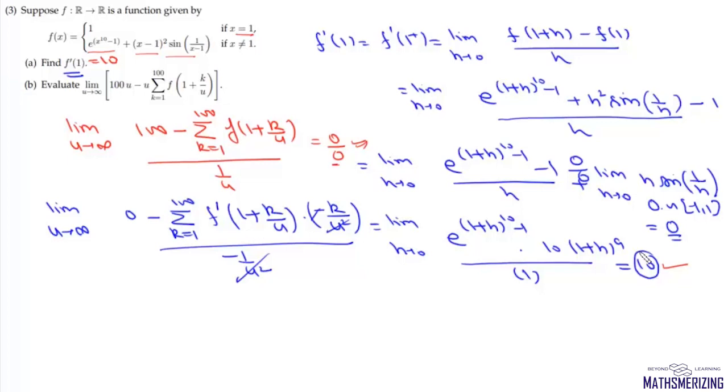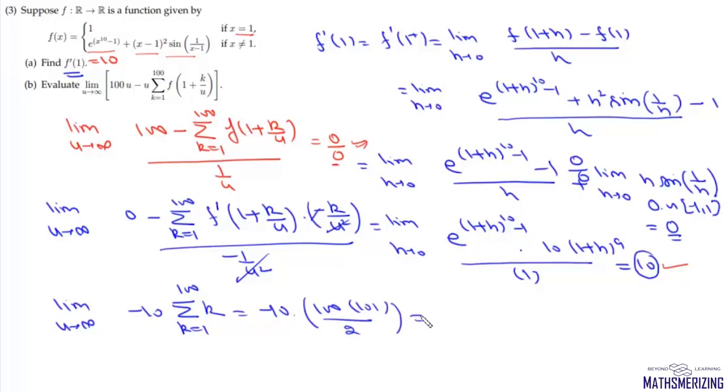The value of f dash 1 is 10. So we'll get this limit as minus 10 times the summation k varies from 1 to 100 of k. So it will simply be minus 10 and then n into n plus 1 upon 2. So this value will be minus 50500.